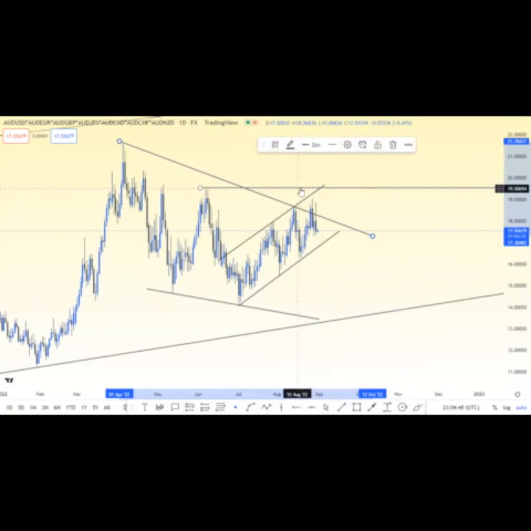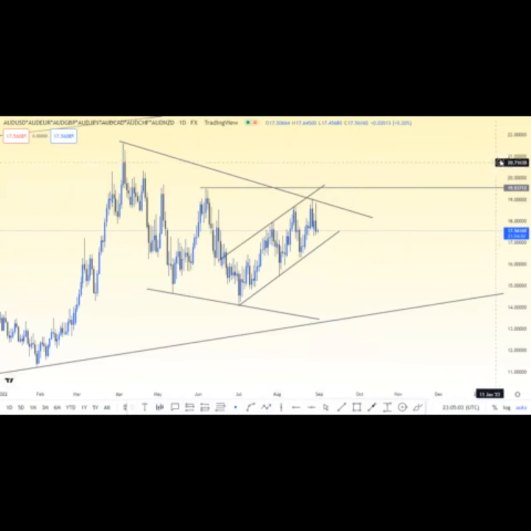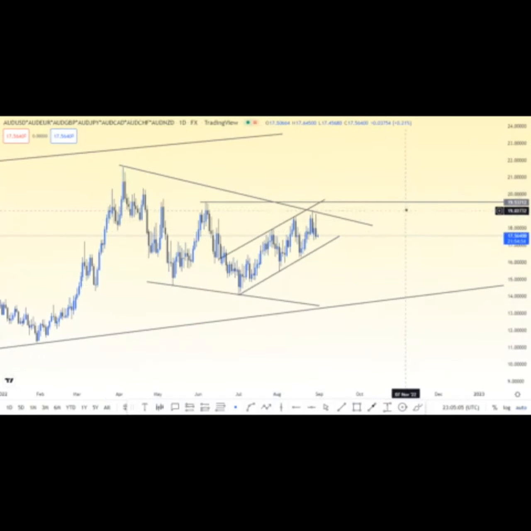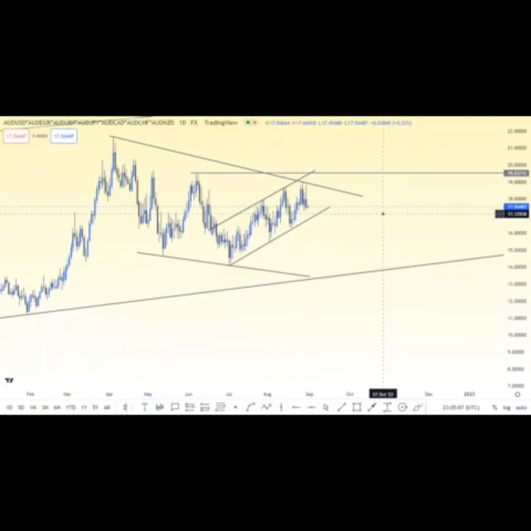My TP was here, or my anticipation was that the AUD would push up until this level right here, but it didn't. It gave us a fake out, and then it went back, right? So for us as traders, we adjust. So the AUD might be losing momentum.